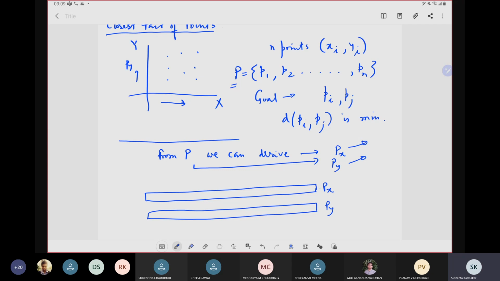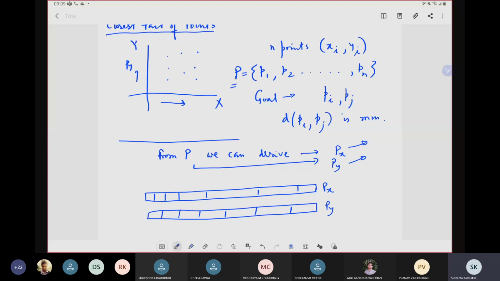Px is all these elements in sorted x order, and Py is all the same elements but in sorted y order. Remember, the ordering in Px and the ordering in Py may be totally different. Content-wise, the total number of elements and the set of elements in both arrays are the same, but their positions may differ, because they are sorted based on different things.